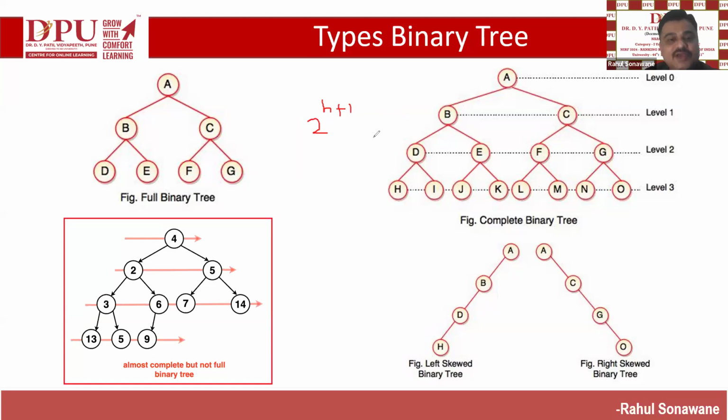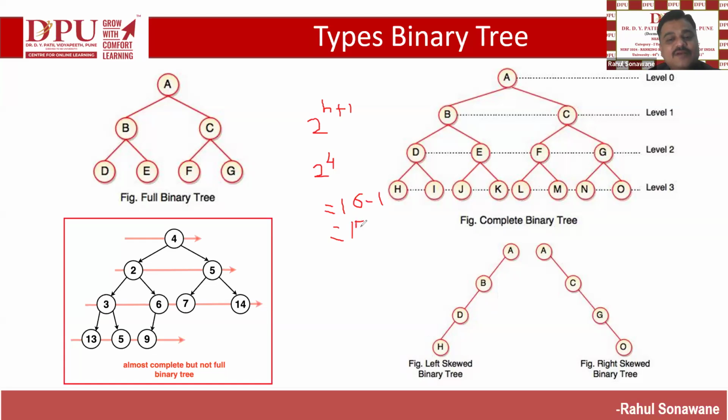If height is 3, so 2 raised to 3 plus 1, that is 4. Yes, 2 raised to 4. Now, if 2 raised to 3 is 8, so 2 raised to 4 will be 16. Yes. Now, 2 raised to 4 minus 1 is what?